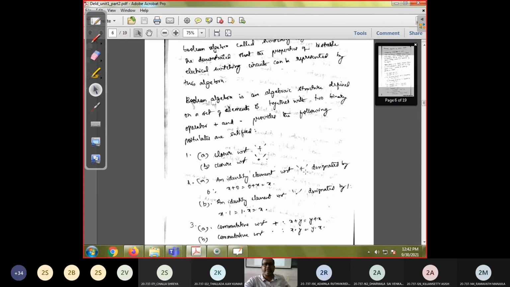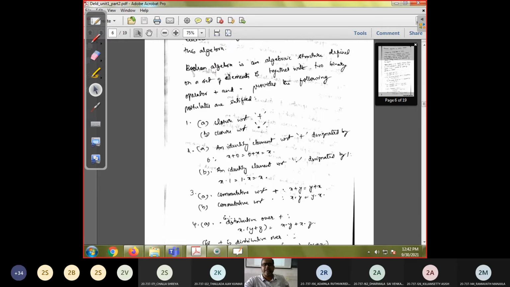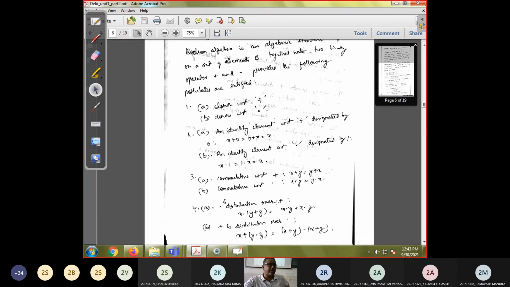The identity element with respect to the plus operator is 0 and the identity element with respect to the dot operator is 1. It satisfies the commutative property with respect to the plus operator and with respect to the dot operator, and dot is distributive over addition, and similarly addition is distributive over dot. So all these properties are satisfied.